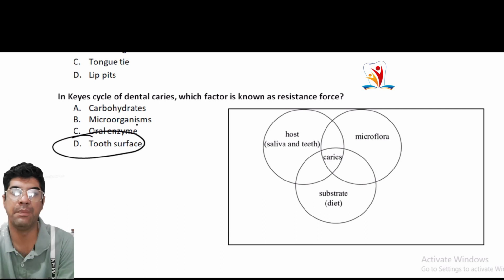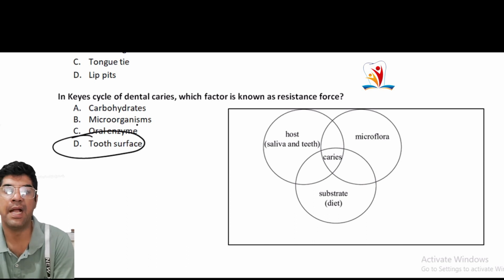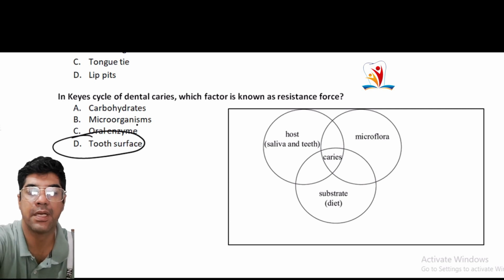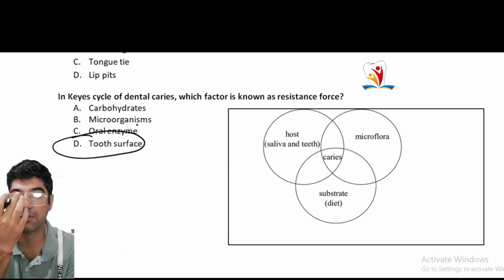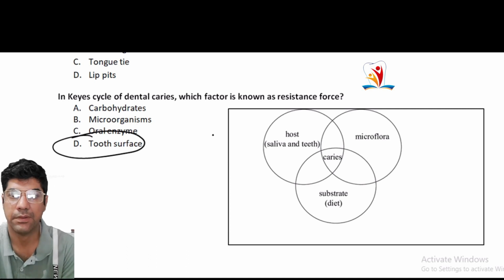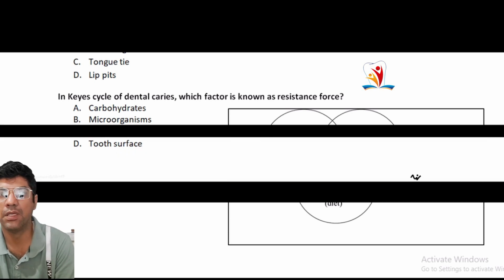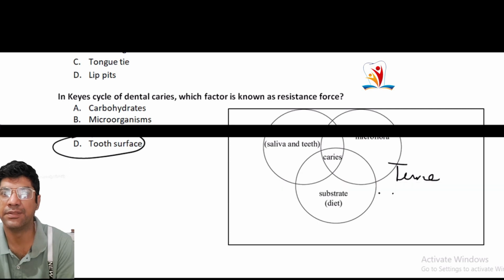It attempts to remineralize and resist the demineralization caused by acid-producing microorganisms and dietary carbohydrates. So the Keyes circle involves the substrate, flora, and tooth, and a fourth factor is sometimes time.